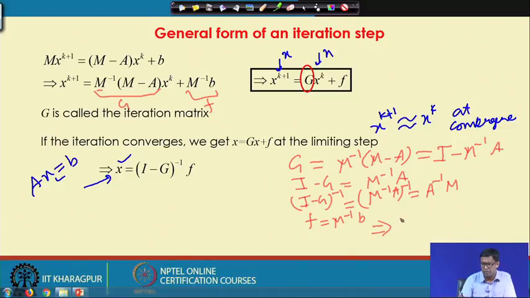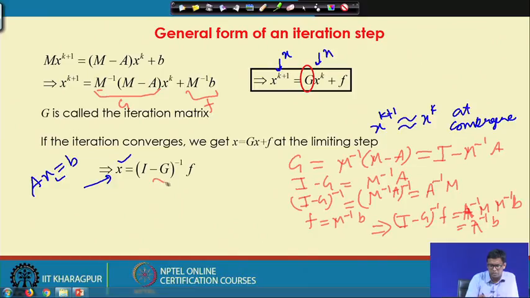So that implies I minus G inverse f, which is x, is equal to A inverse M into M inverse b, this is A inverse b.